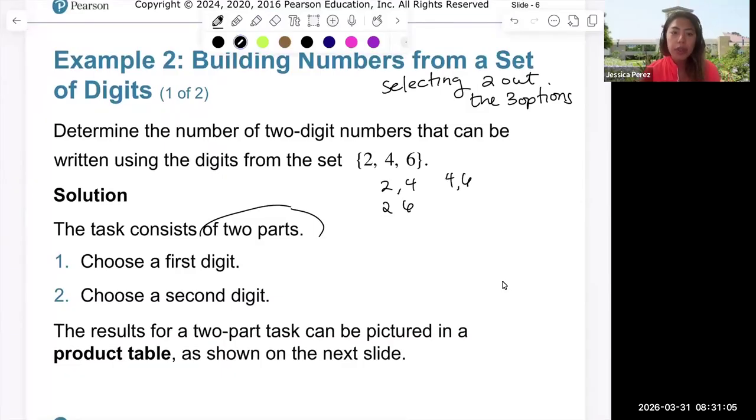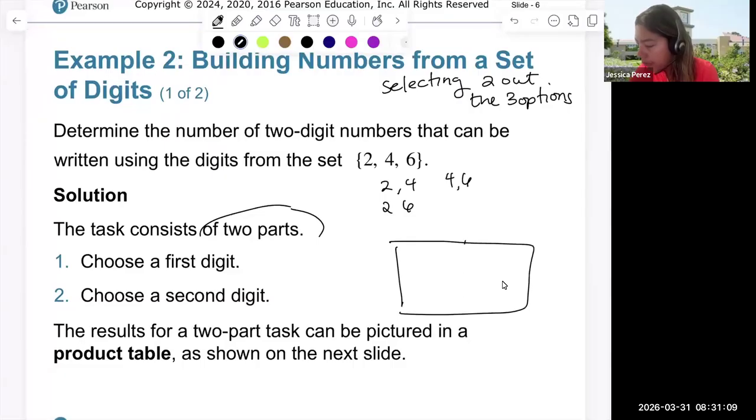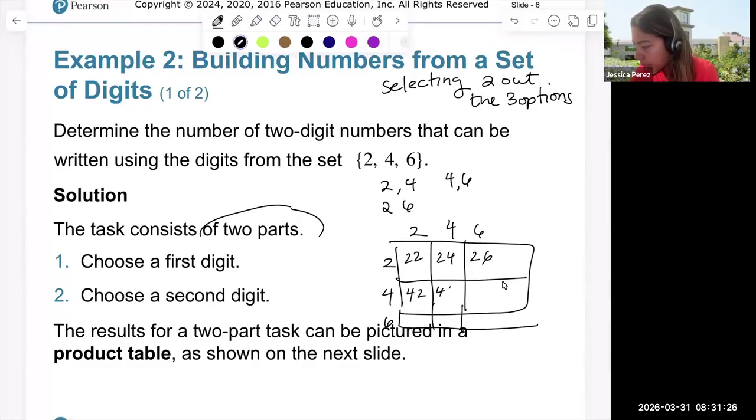You can use something called the product table, where you have your options, the 2, the 4, the 6, and the 2, the 4, the 6. So it'd be 2 2, 2 4, 2 6, 4 2, 4 4, 4 6, 6 2, 6 4, 6 6.